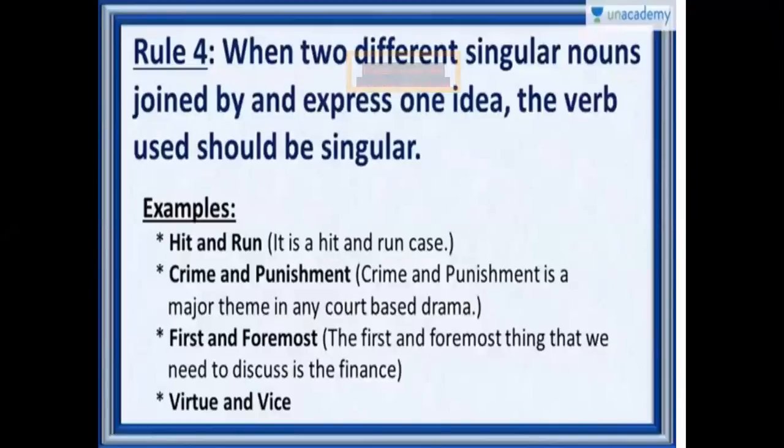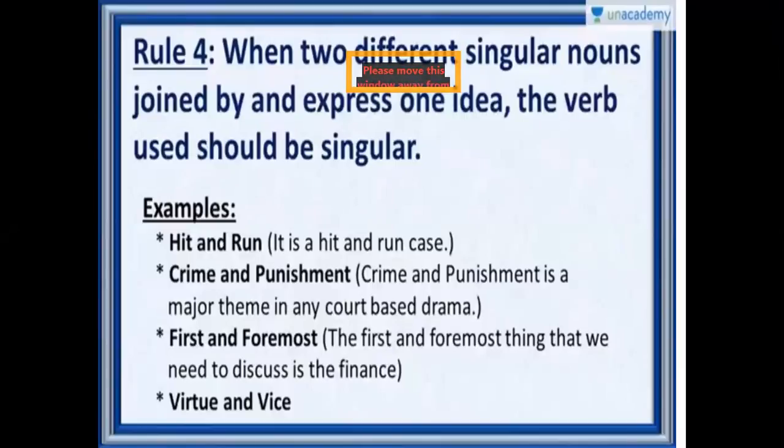Now, crime and punishment is a major theme in any court-based drama. So when there is a court-based drama presented on the stage, obviously there will be crime and punishment in it, right? So crime and punishment is, even though there are two, representing a single idea, so "is".